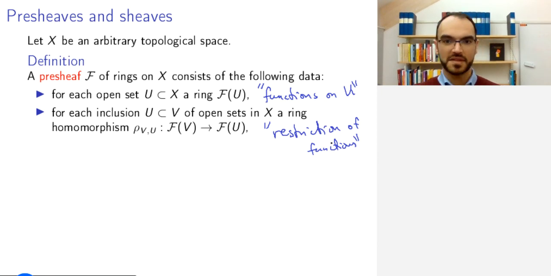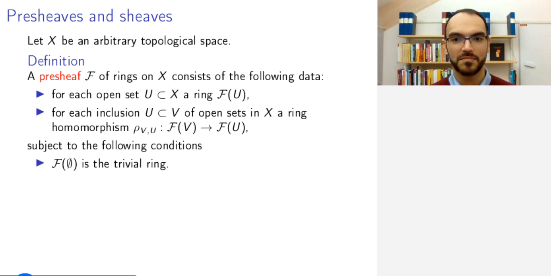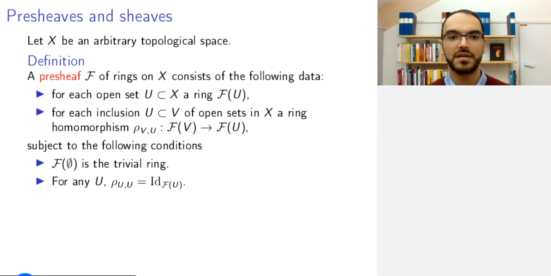And we want these two pieces of data to satisfy the same conditions that we had before for our regular functions. Namely, the ring of the empty set should be the trivial ring. The identity restriction, the restriction that we intuitively want to do nothing, does indeed do nothing, meaning that when V equals U, rho sub UU is the identity homomorphism on the ring F(U).